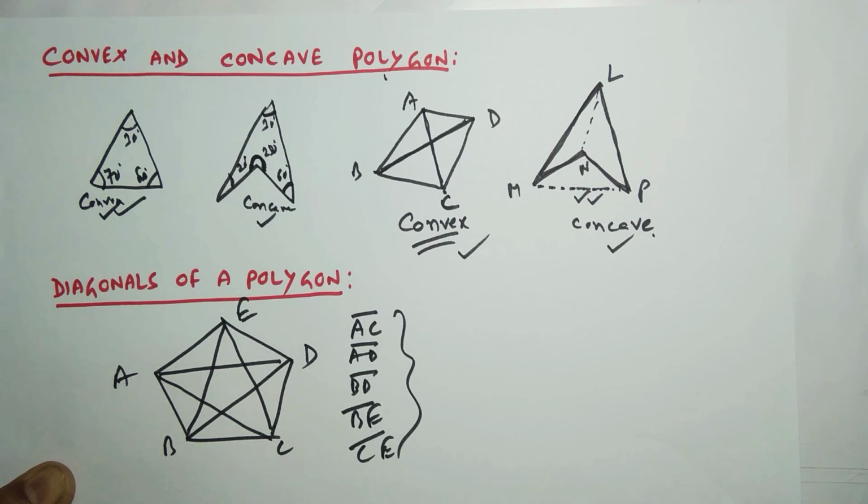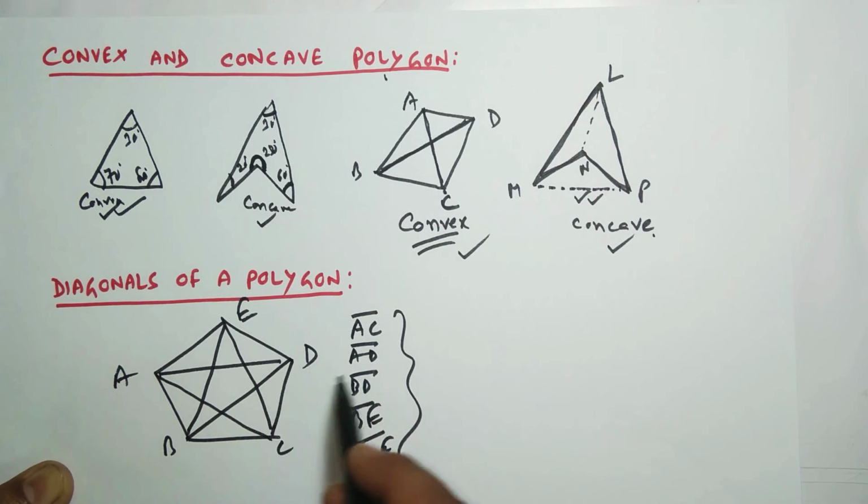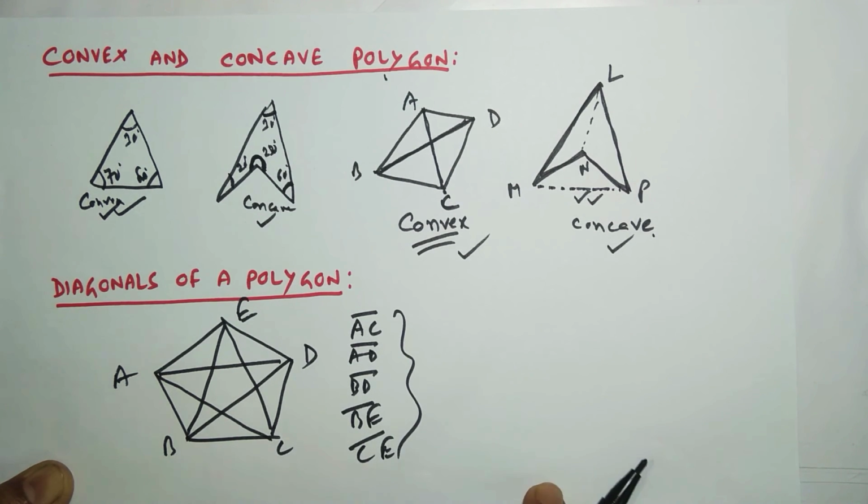Now we have a ready-made formula to find the number of diagonals in a polygon. This pentagon has 5 sides, 1, 2, 3, 4, 5, and I got the number of diagonals as 5.